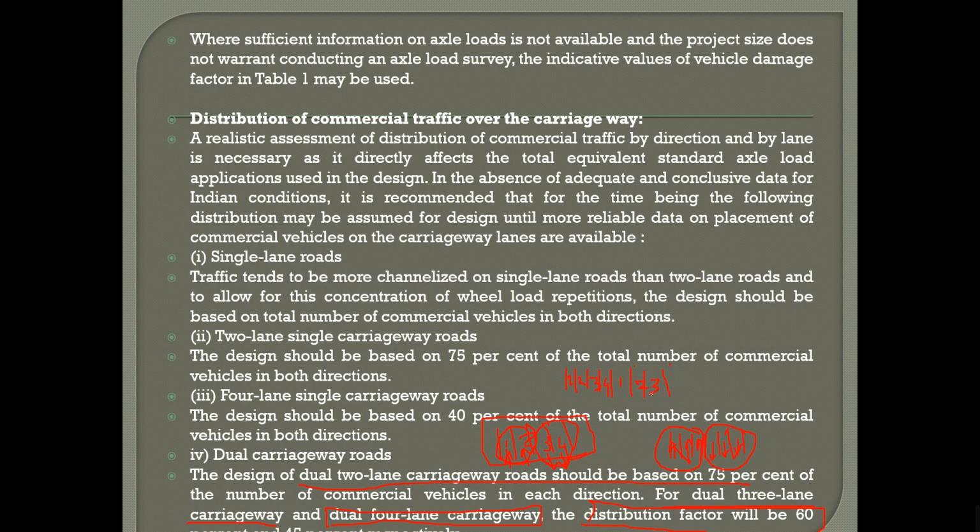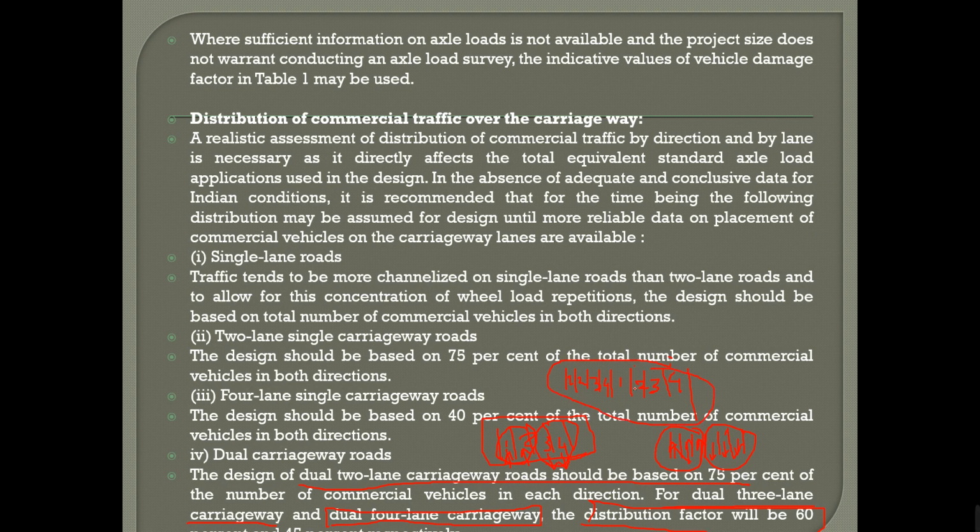Dual 3-lane carriageway could also be called 6-lane. Dual 2-lane carriageway can also be called 4-lane. Here, a dual 4-lane carriageway could be called 8-lane. Very good, excellent. Either it can be called 8-lane or dual 4-lane carriageway.